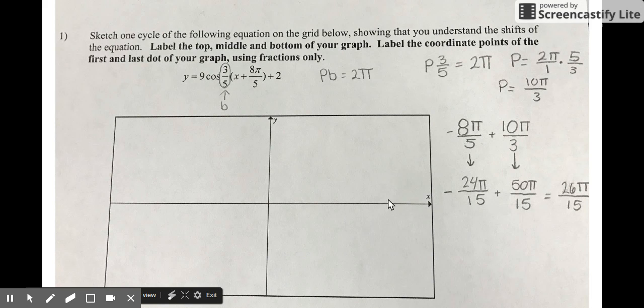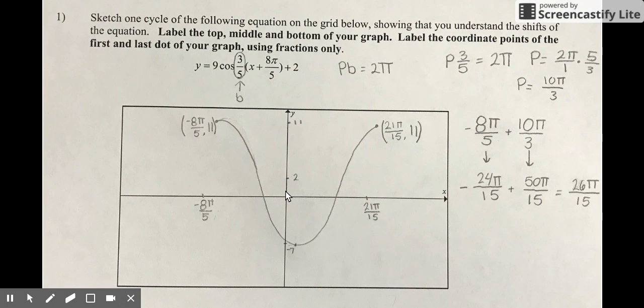Then we go over to our graph to graph the equation, and we find from our equation that 2 is the midpoint, and that 9 is the space up and down that the graph stretches. So we mark those on the graph, and then we put on our graph the x location of our dot 1 and the x location of our dot 5, and then graph the cosine wave.